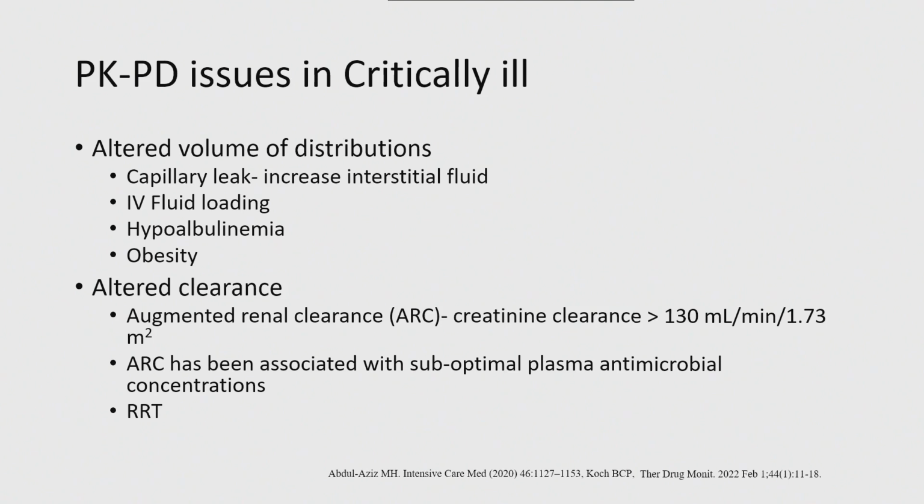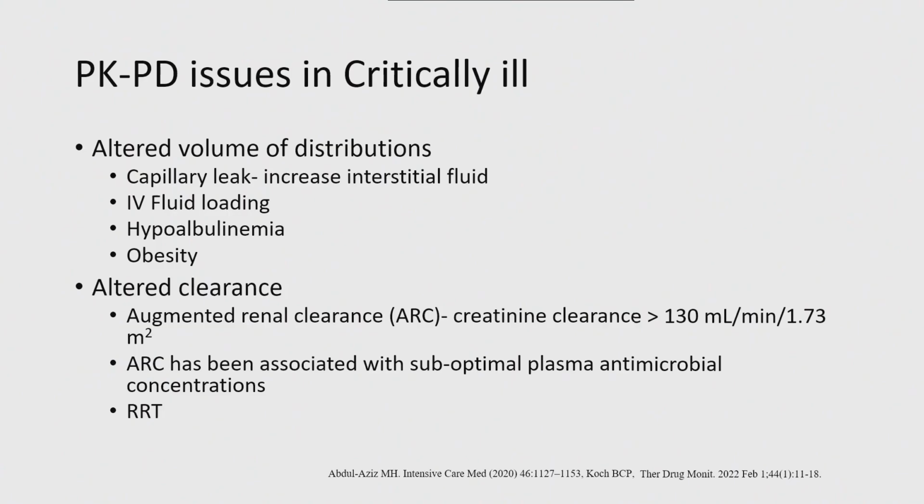So what are the important pharmacokinetic and pharmacodynamic parameters which change for antimicrobials in critically ill patients? The most important is the altered volume of distribution, and this is very commonly seen. The reason is that because of severe systemic inflammation, there are leaky capillaries, and this leads to an increase in interstitial fluid, with the entry of drug into the interstitium.